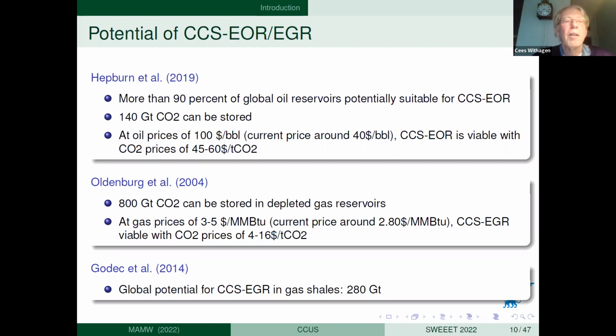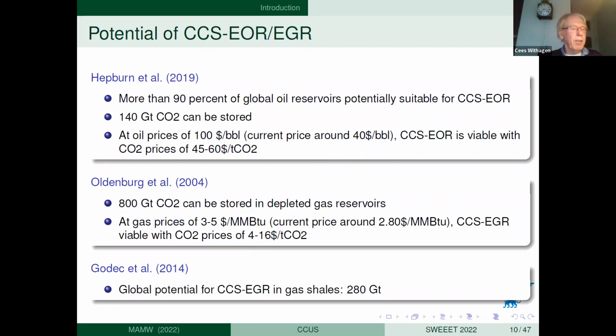Oldenburg comes to other numbers, and he looks at depleted gas reservoirs. There's not so much recovery. And Godek talks about the enhanced gas recovery in gas shales, and he comes to 280 gigaton.